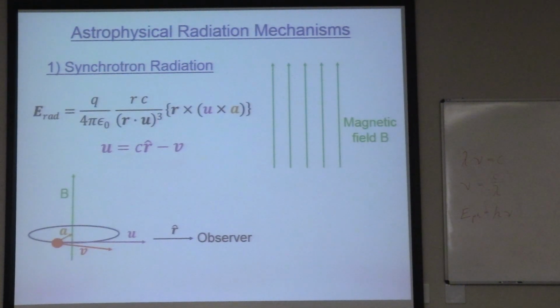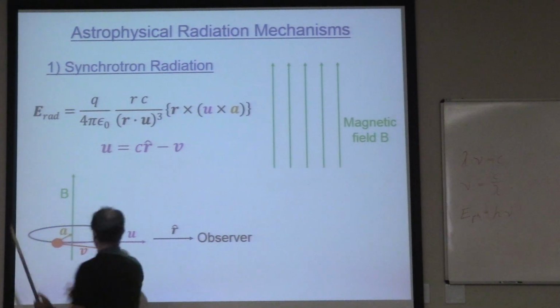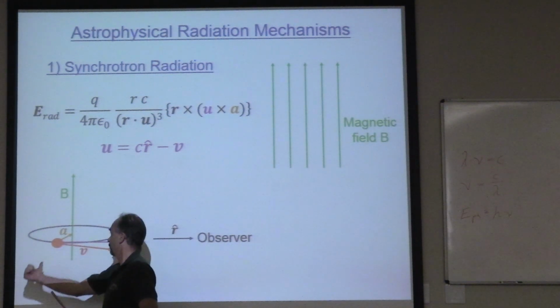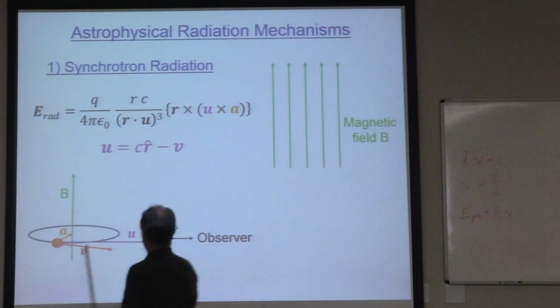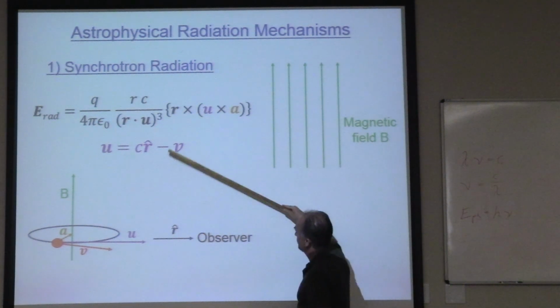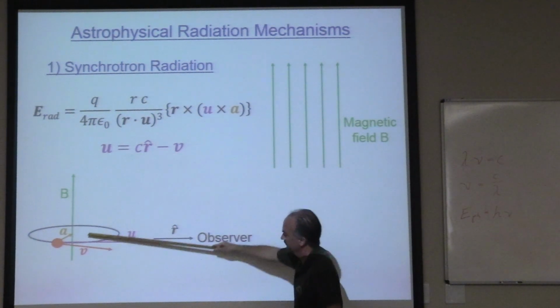You can look at the geometry here. So let's say here's the magnetic field. Then the particle goes around in the circle here. Then the acceleration points towards the center of the circle. If we're looking at it from here, and this vector u is the unit vector times speed of light minus v.